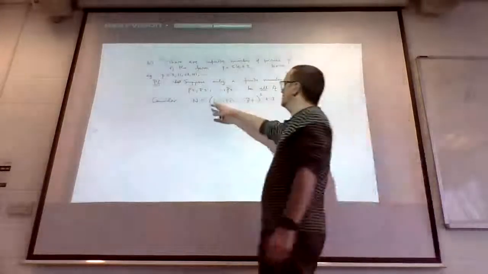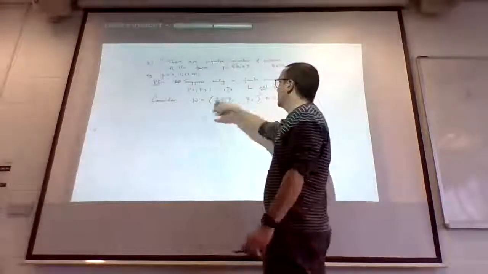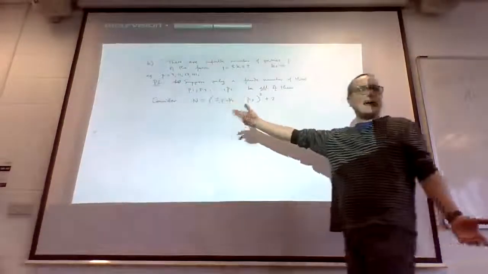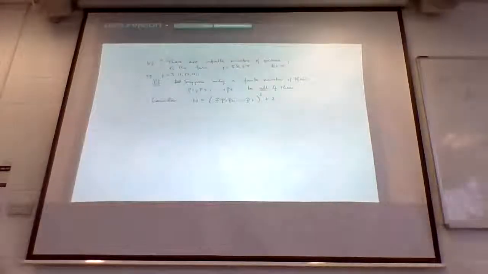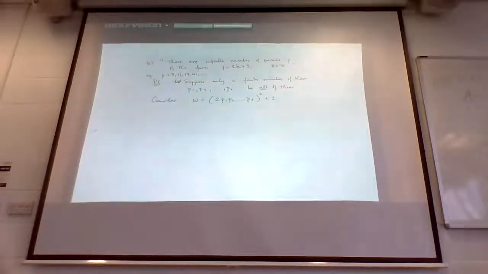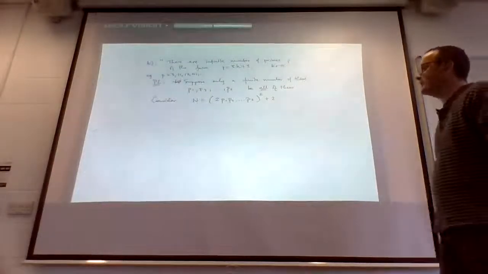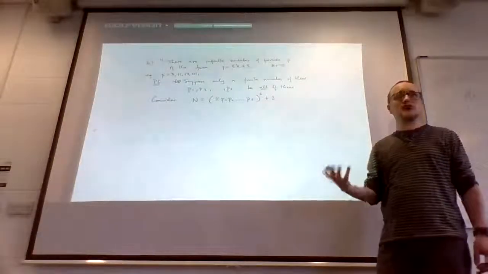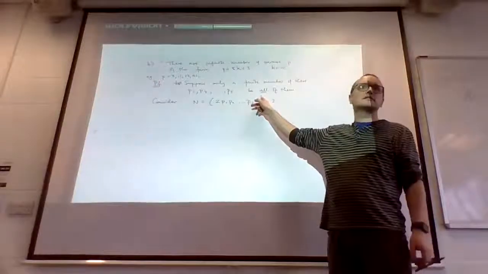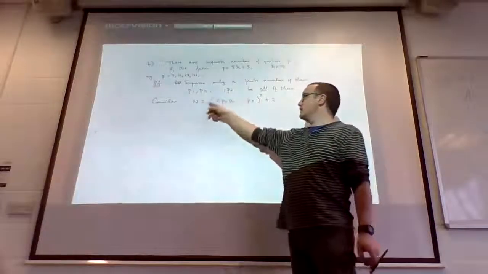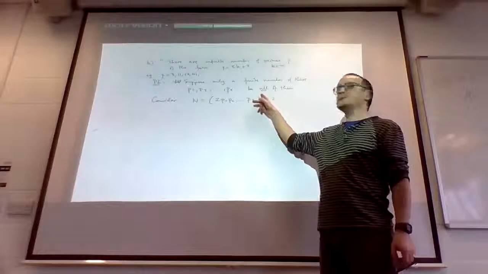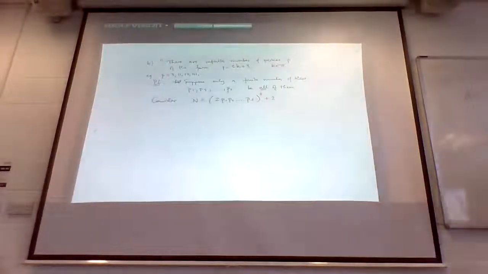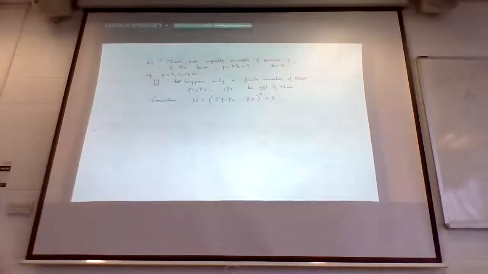How you know this is the correct n to look at, you'd have to get there by trial and error, trying different approaches. You can see a clue that we're going to have to talk about quadratic residues, because we're squaring the product of all the primes.